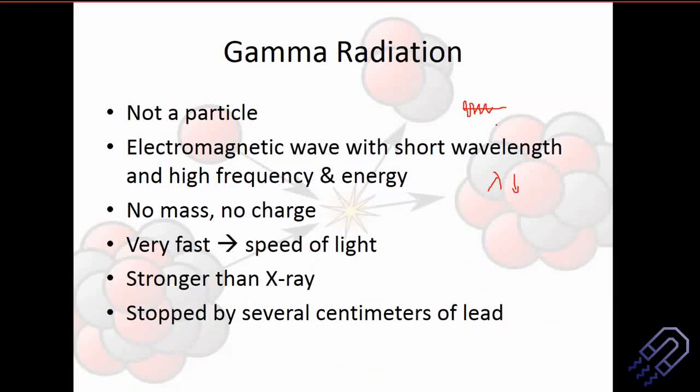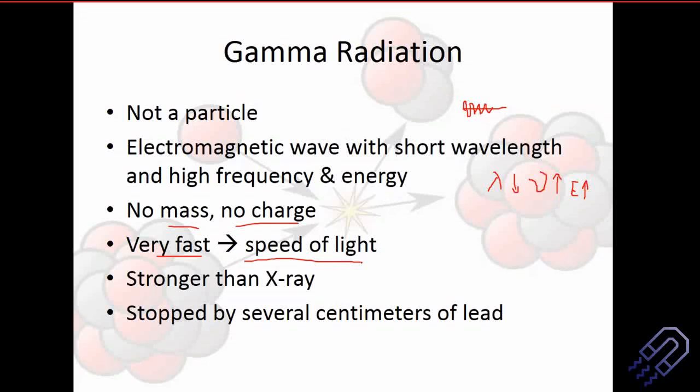If the wavelength is short, of course the frequency is high, because we know they are inversely proportional, and E is equal to h nu, so E will also be high. I think this is important, because whenever you are asked any tricky question, these ideas will be more clear. And they don't have any mass or any charge, so they will be more energetic, with more energy, travelling very fast at the speed of light.